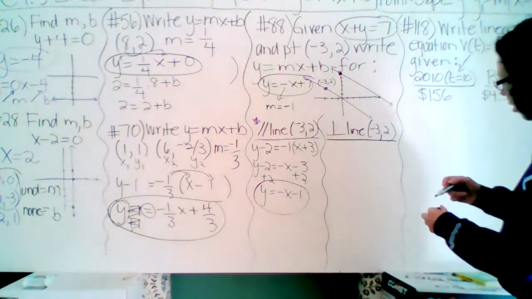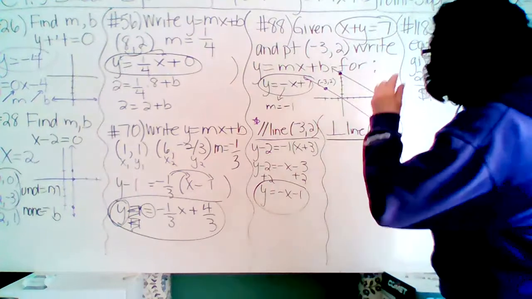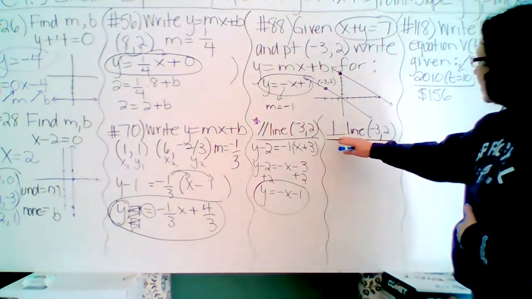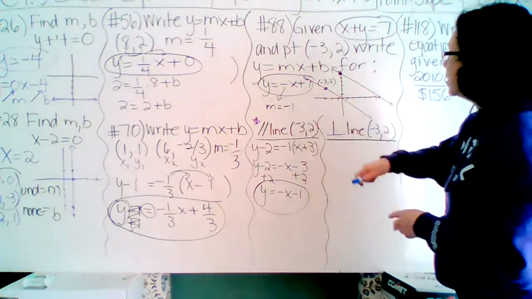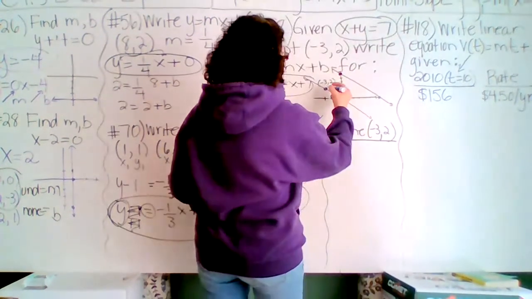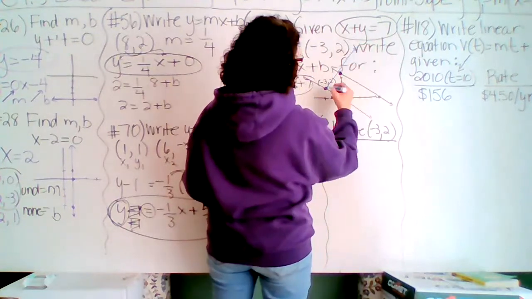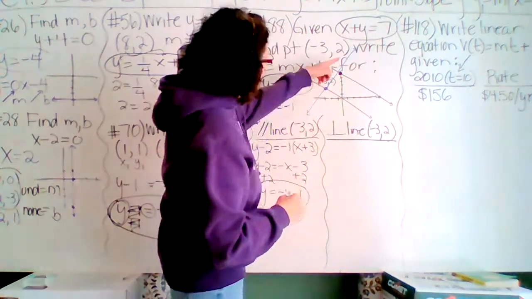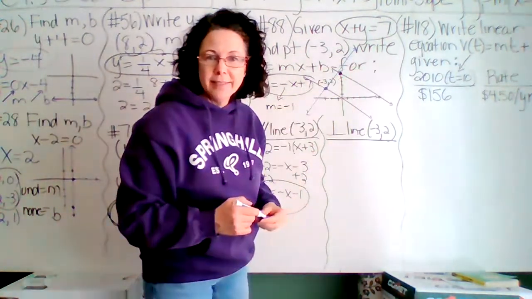Now, they also want you, I'm going to use some blue here, to write the equation of a line that is perpendicular to this one and goes through this point. Let's draw a picture of that, right? So perpendicular to this black line and through that point. They want us to find the equation of this blue line.